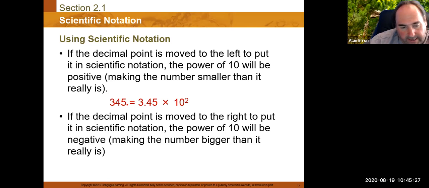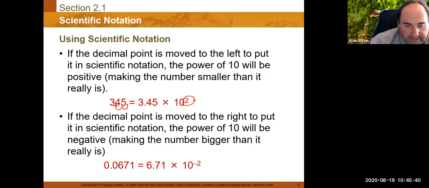We go 1 and 2 places over, and that is where the 2 comes from. And we get 3.45, which again is a number between 1 and 10. Here in decimal form, if we move the decimal to the right 1 and 2 places, that is where the negative 2 is from, a smaller number, giving us 6.71, which again is a number between 1 and 10.